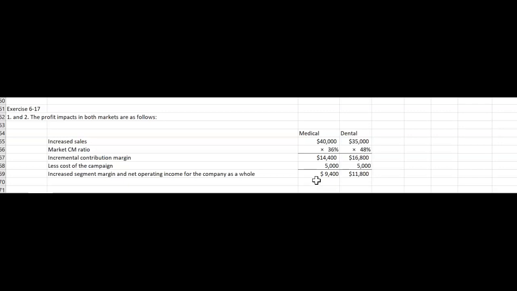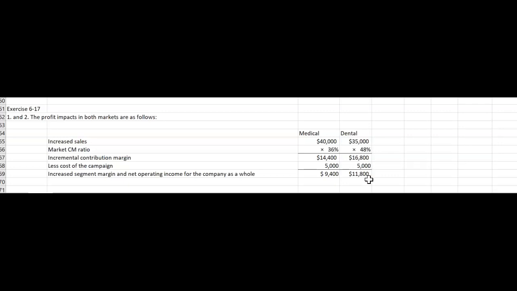Now, let's see if they use the increase in advertising in the dental market. They believe the dental market would see an increase of $35,000 times the CM ratio of 48% for the dental division, which gives you an additional income of $16,800 overall. We would have to consider the additional $5,000 in advertising.